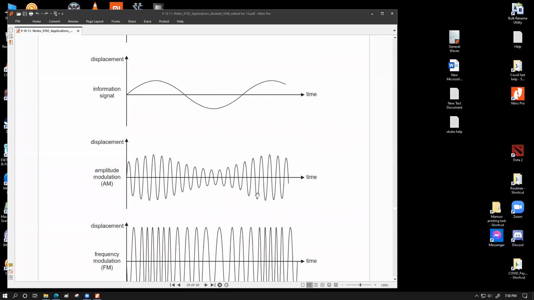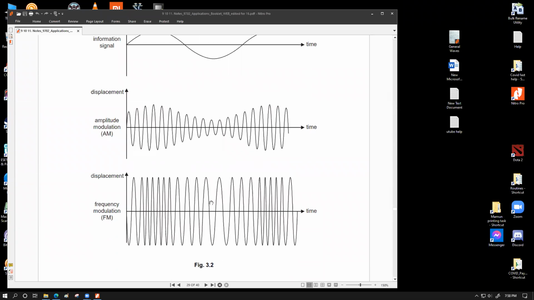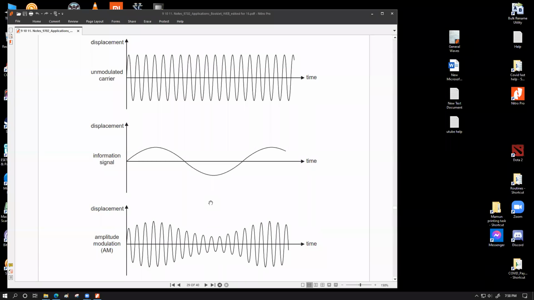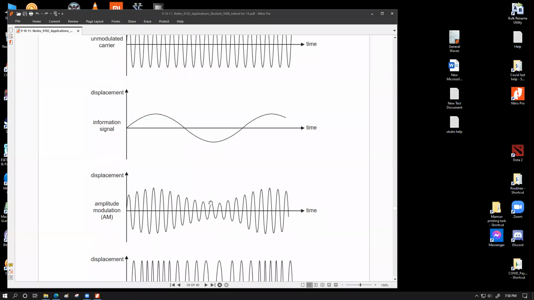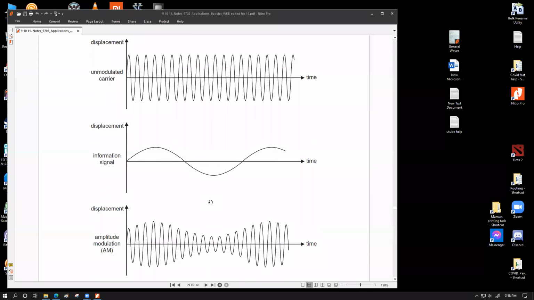Either we do amplitude modulation or frequency modulation, depending upon what technology we have available and what is cheaper for us to adopt. But the point is, if we assign significantly different carrier frequencies to different radio stations, then they can each use a different carrier wave frequency within which they merge their own information signal.